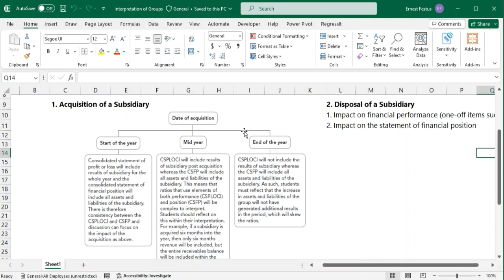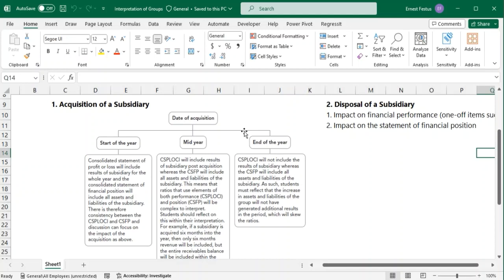Then when the acquisition happens mid-year, what happens? The consolidated statement of profit or loss would include results of the subsidiary during the post-acquisition period, whereas the consolidated statement of financial position would include all the assets and liabilities of the subsidiary.